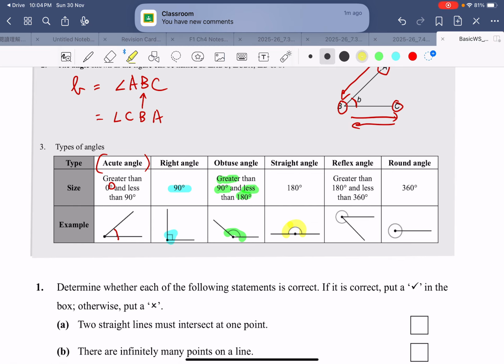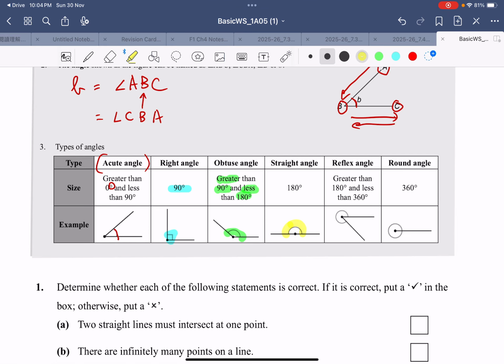That is two right angles, and this angle is called a straight angle. Larger than a straight angle, but less than one complete circle, then this is called a reflex angle. And then for one complete rotation, here we have 360 degrees. That represents a whole circle here, and that is a round angle.